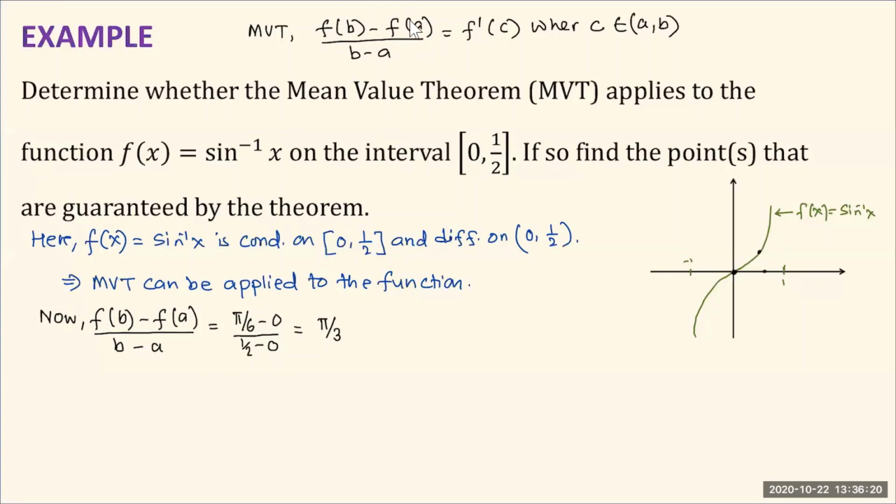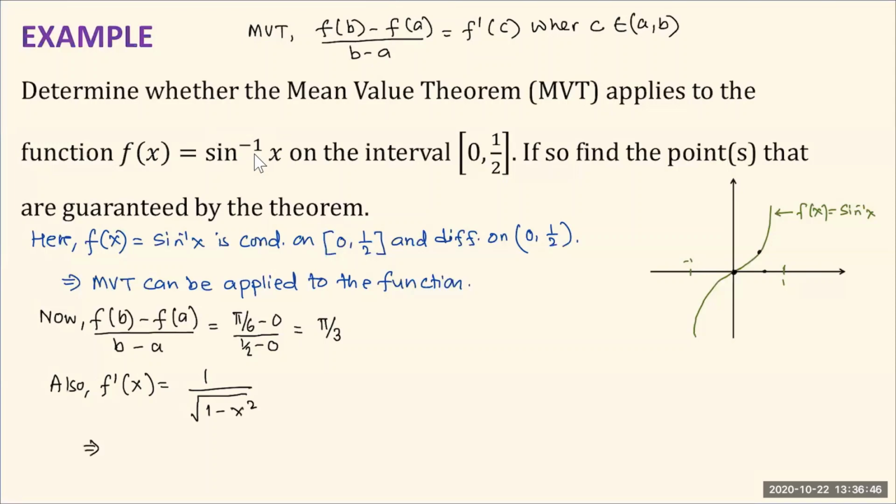We got this value. Now we need to find the derivative of the function at c. So first I need the derivative: f prime x is equal to the derivative of sine inverse x, which is 1 over the square root of 1 minus x squared.